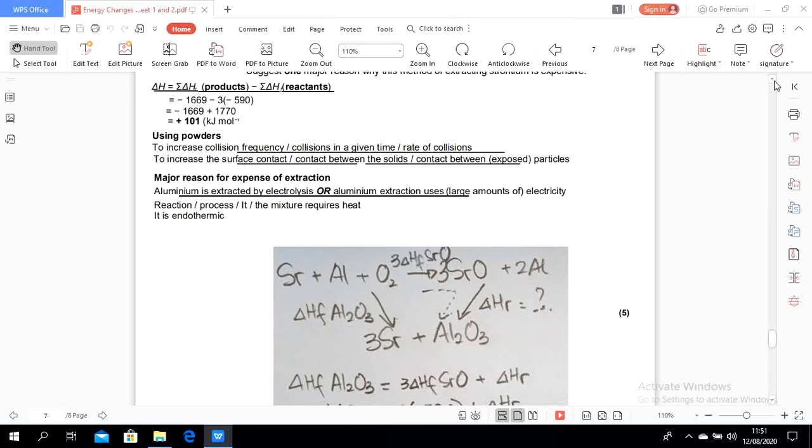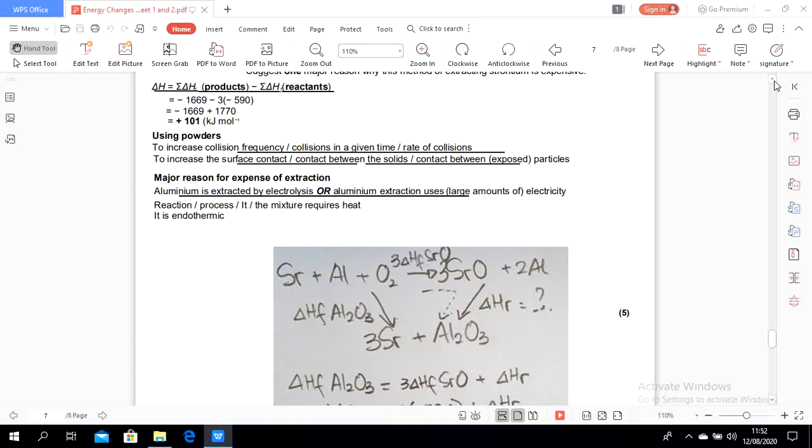And then why use powders? Because powder has a bigger surface area that increases the frequency of collision. Okay, so increased collision.